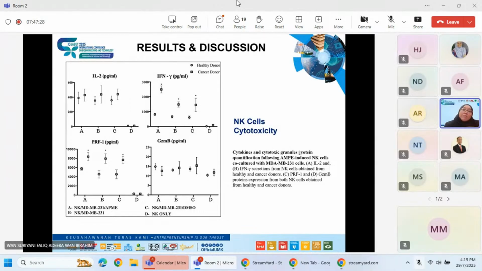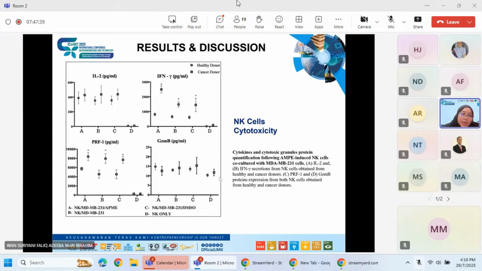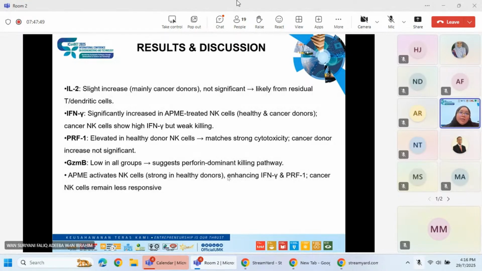Now, perforin, as I mentioned earlier, is a protein that opens the pore of the cancer cells in order for the granzyme to enter and kill the cell from inside. And we can see here that, again, in cancer patients, it is significantly higher as compared to the healthy donor. However, it is impaired. See, it is because of the residual dendritic cells or T cells.